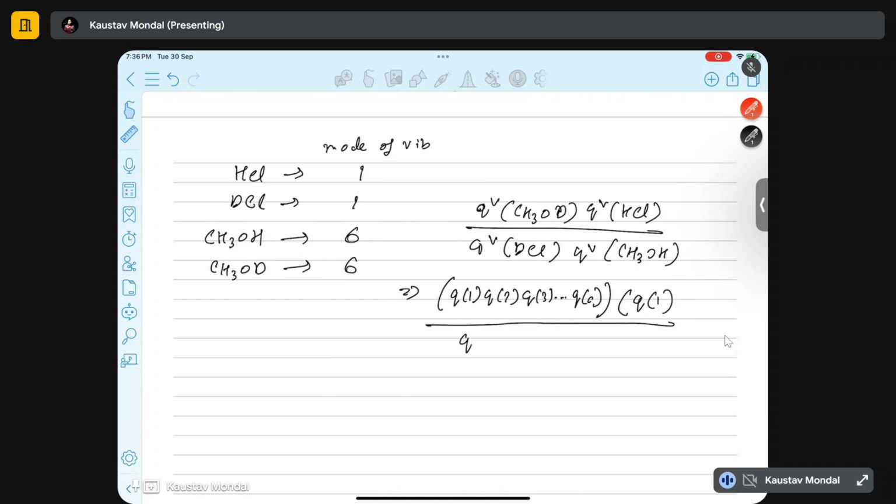Similarly, for DCl QV is one contribution, and for CH3OH there are 6 contributions.